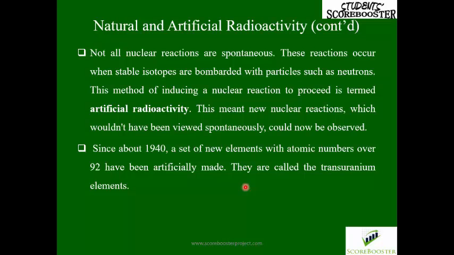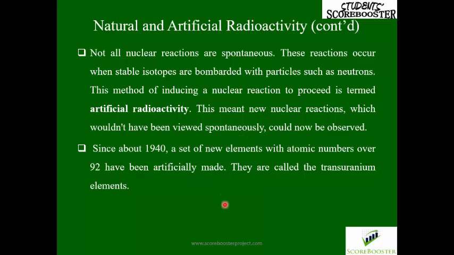We can also bombard them with protons, but since a neutron is neutral, it has no charge, it is more convenient to bombard those elements with neutrons. If it were a proton, there is going to be a force of repulsion between the proton we are bombarding and the protons in the nucleus of that element. So another amount of energy will be generated that will counter the energy that we are using for that reaction. That is a waste of energy.